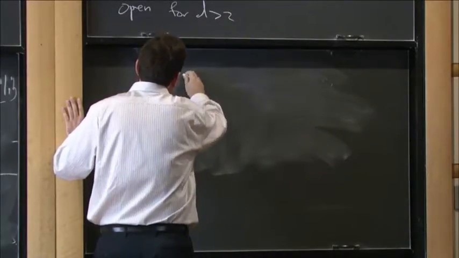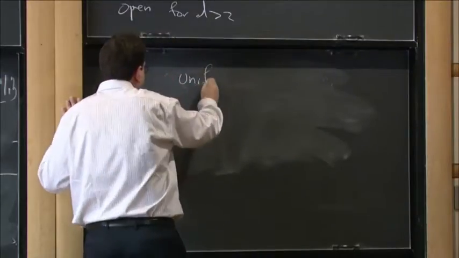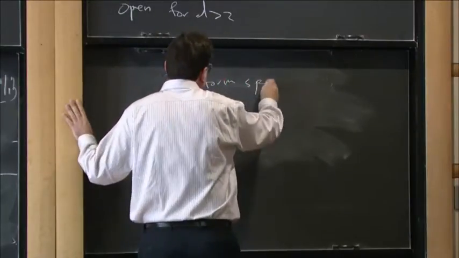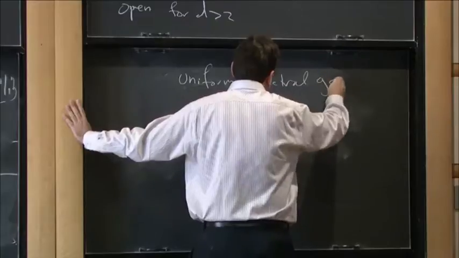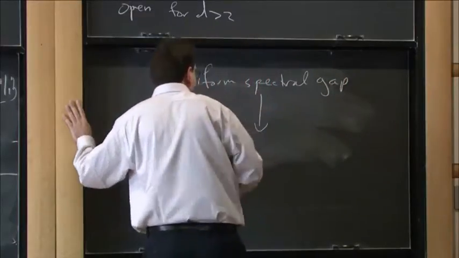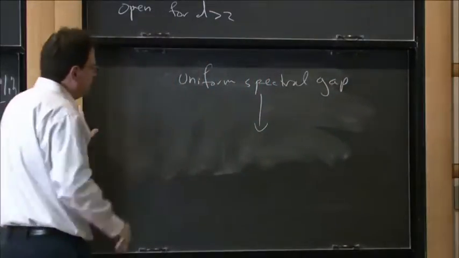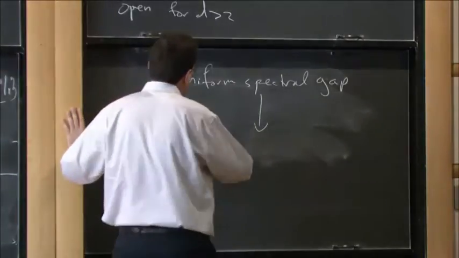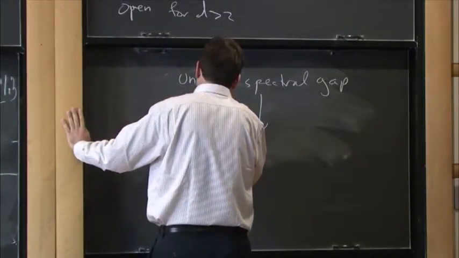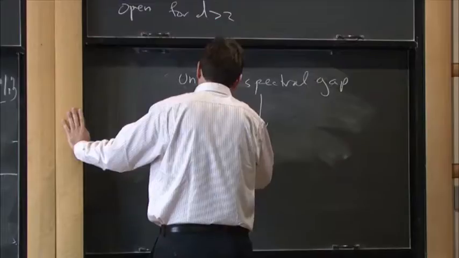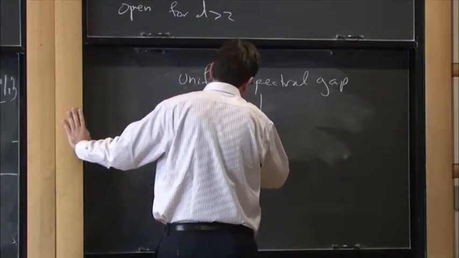So the uniform spectral gap implies, essentially by Varjú's work, a local central limit theorem up to exponential scale.